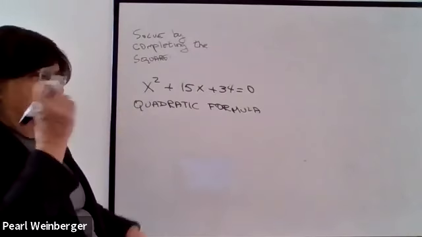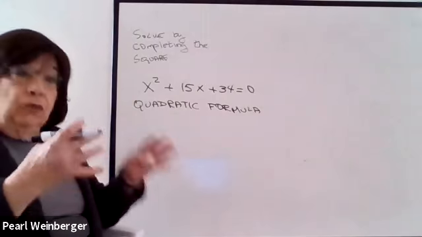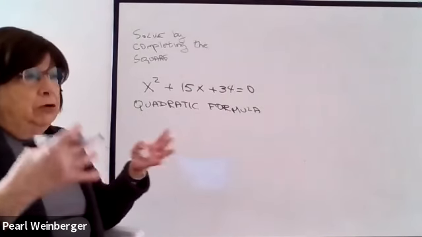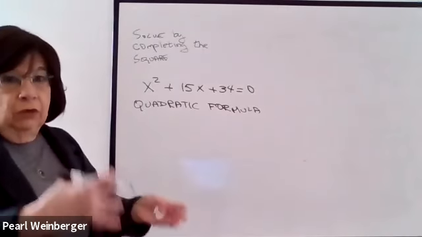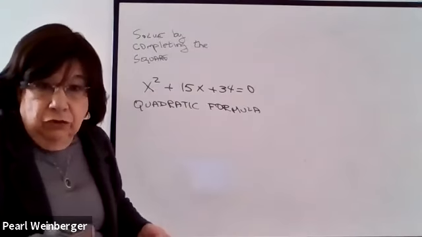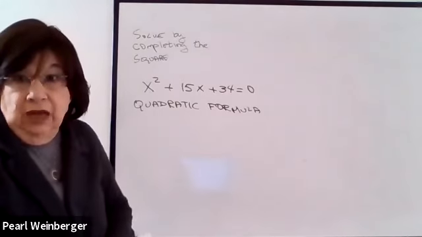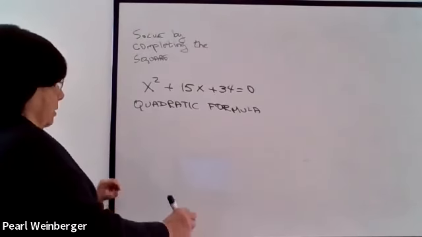Okay, first of all, I have to state what the formula is. A formula is, for example, the perimeter of a rectangle is 2L plus 2W. It's something that enables you to get to whatever you're looking to solve. Here's what the quadratic formula looks like.